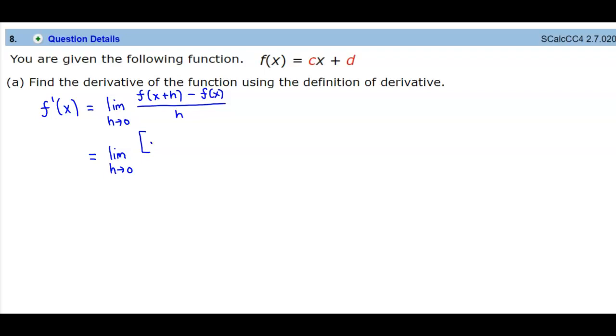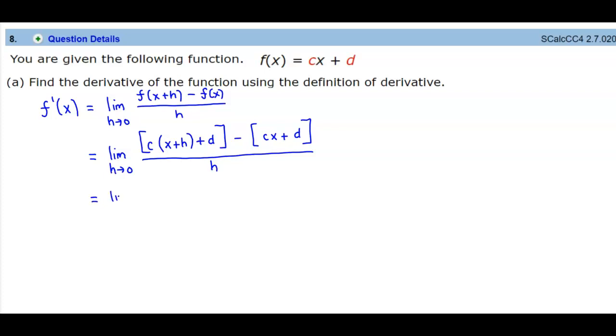So we're going to get c times x plus h plus d, and then minus the function itself, which is cx plus d, and then we're going to divide that by h.